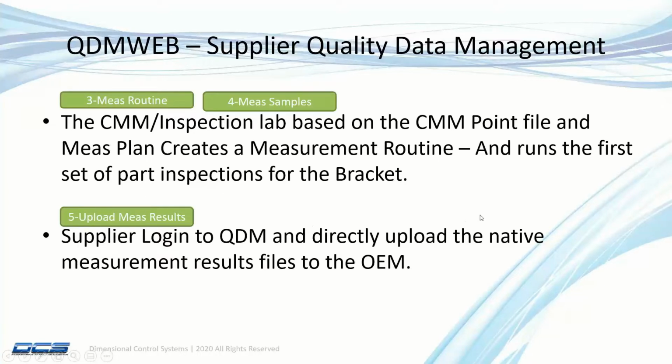For this, I'm going to transfer this to Rishi from the Windsor plant, who's a supplier making the bracket part. He will demonstrate how they would upload the data once the measurement happens and how it comes back to me in their interface.